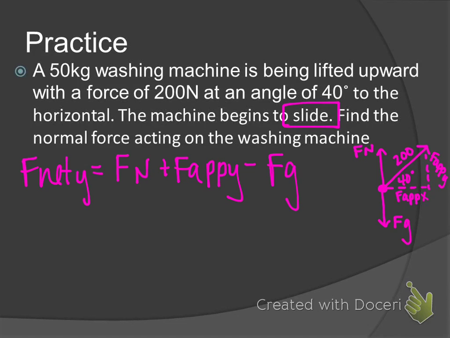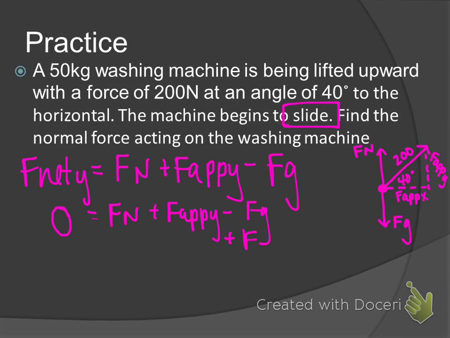But what do we know since our washer is not accelerating in the vertical direction? What do we know about the net force? The net force is 0. So that means normal plus applied Y minus gravity is equal to 0.